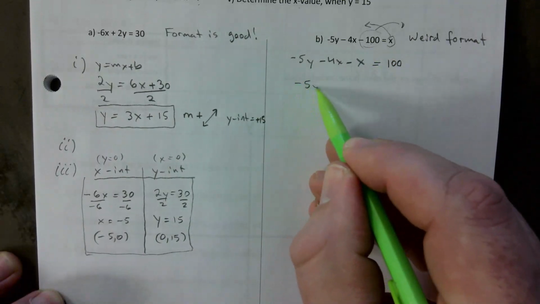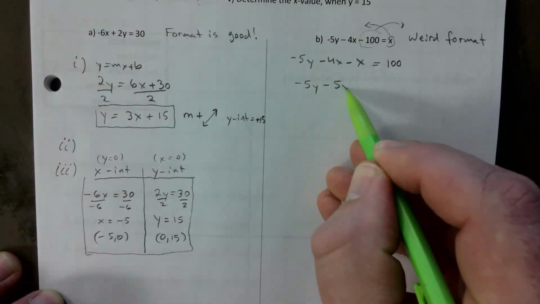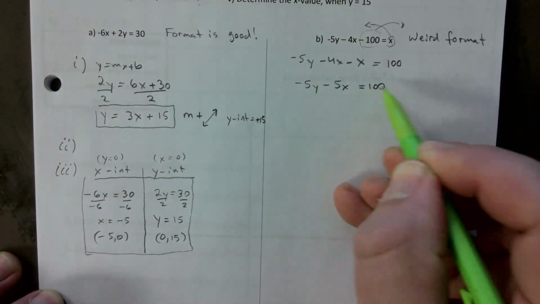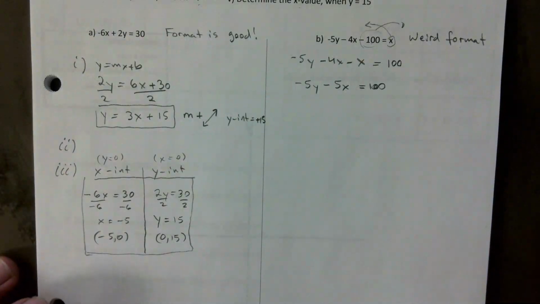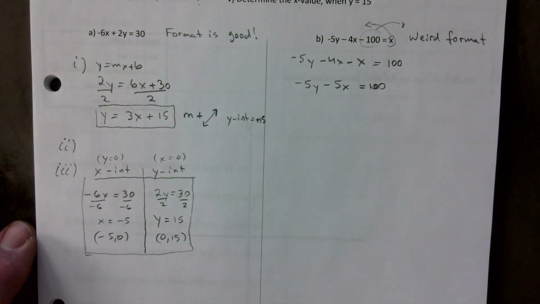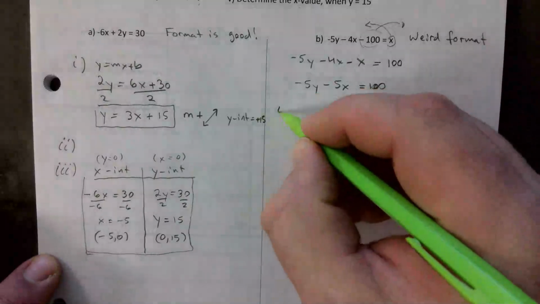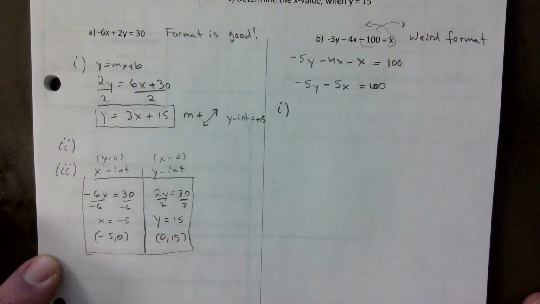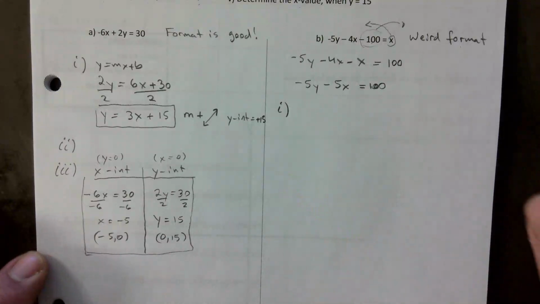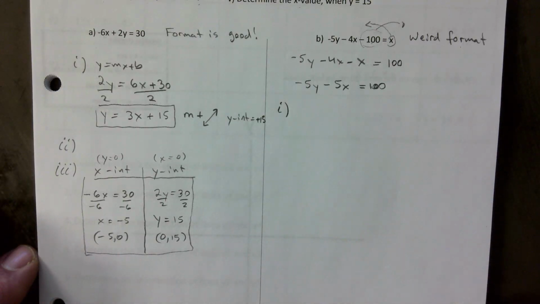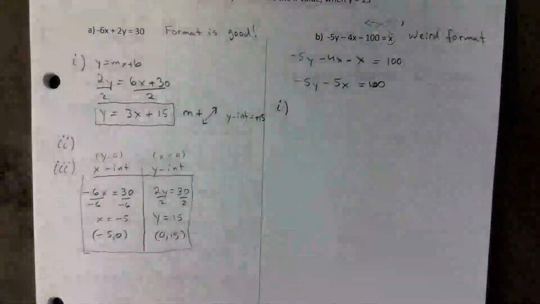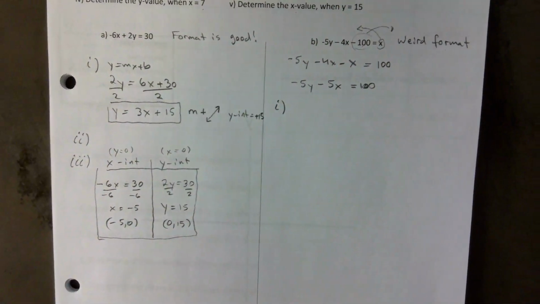Then it's negative 5y minus 5x is equal to 100. From here on in, you can do everything else. So rewrite it into y is equal to mx plus b. We'll skip the second part and then find the intercepts. Go for it, and then we'll correct it before we move on, okay?